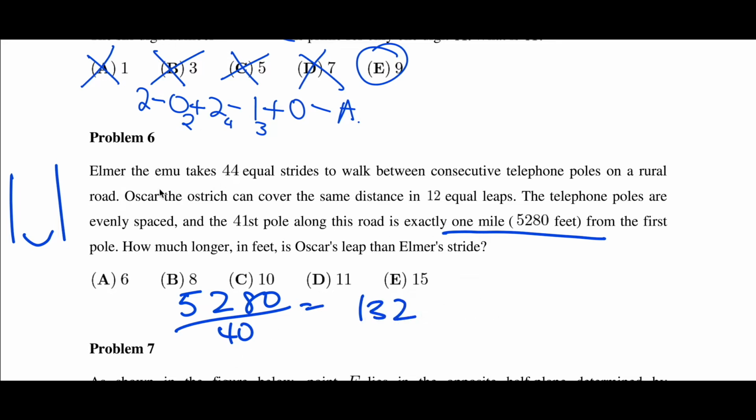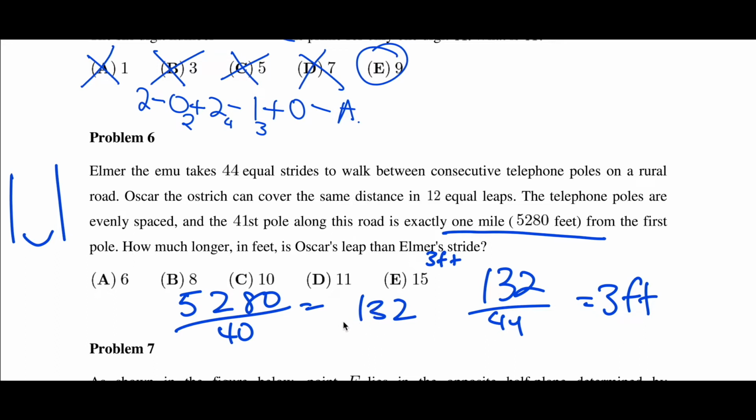And Elmer the emu takes 44 equal strides to walk between consecutive telephone poles. So each of his strides is 132 over 44, which is 3 feet. Let's just write that.